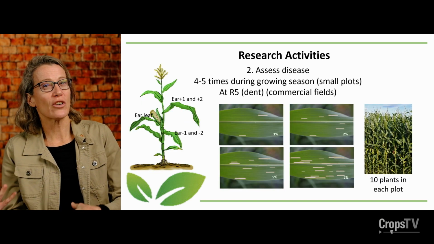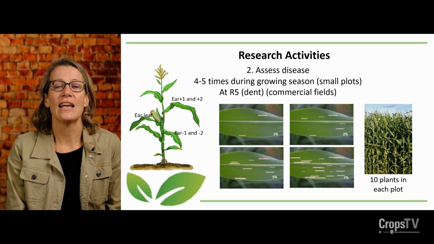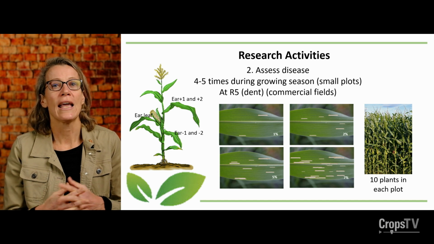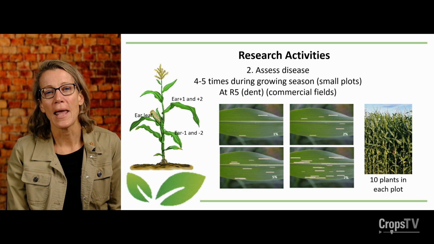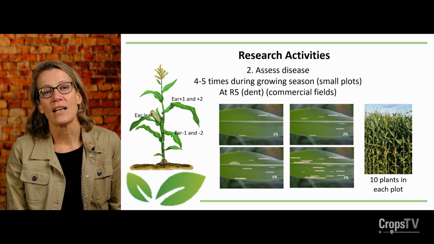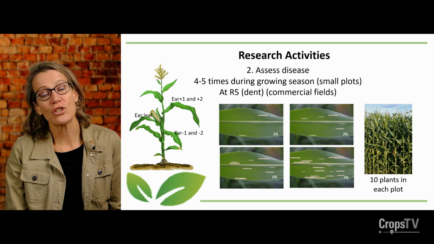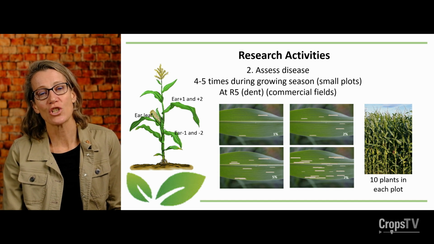While we're monitoring those pathogen numbers, we're also collecting disease data in the coordinated small plot trials. We go out 4 to 5 times during the growing season, and we look at the disease on the ear leaf, on the first and second leaf above the ear leaf, and the first and second leaf below the ear leaf, on 10 plants per plot.